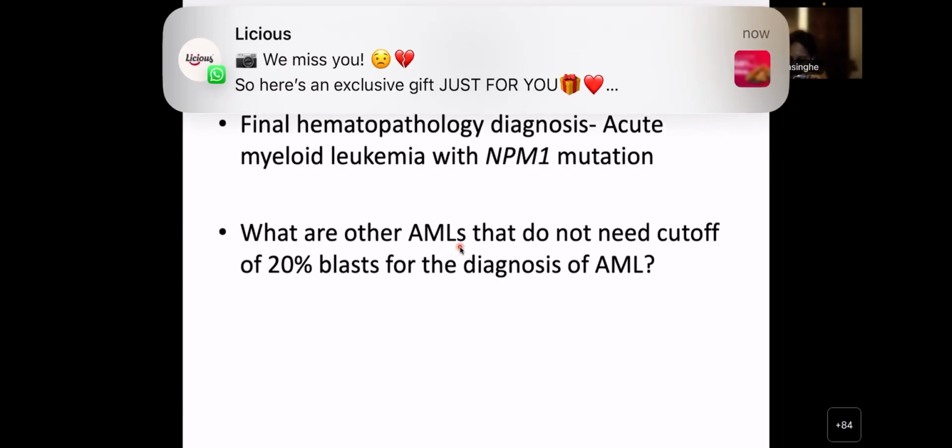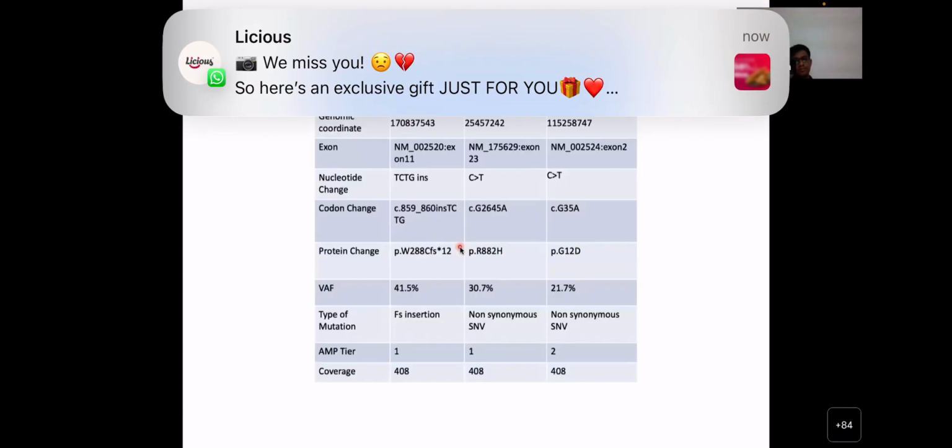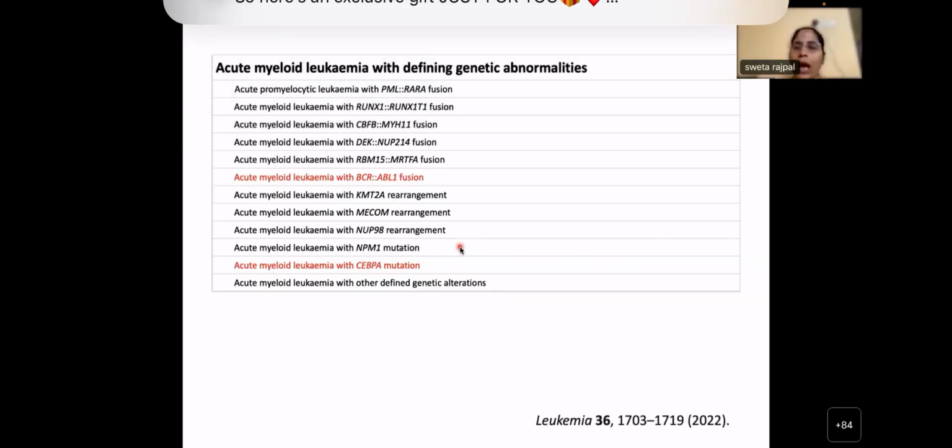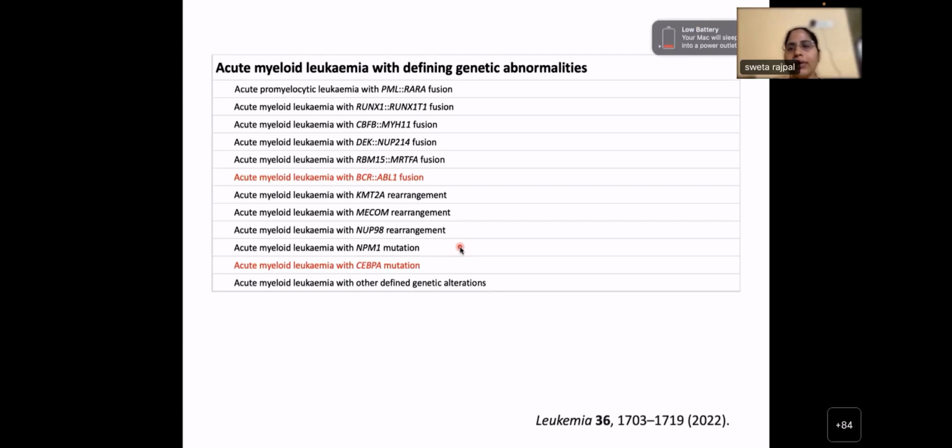Okay, so apart from AML with BCR-ABL1 fusion and AML with CEBPA mutation, all other entities do not require a cutoff of 20% for diagnosis of AML. If you are having any of these fusions or these defined genetic abnormalities, you do not need a cutoff of 20%.